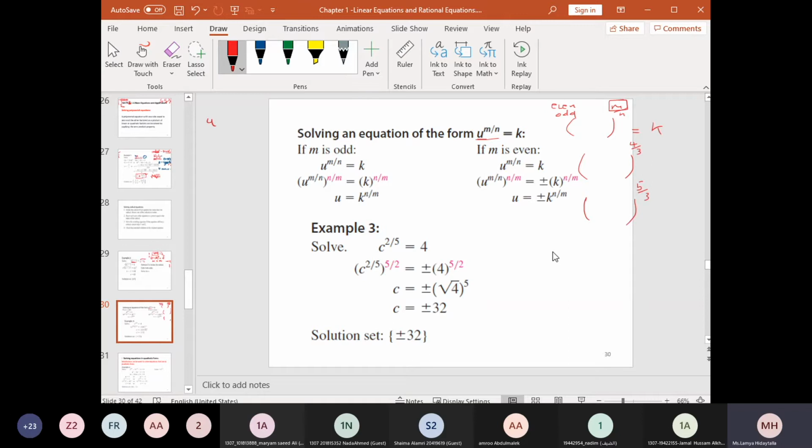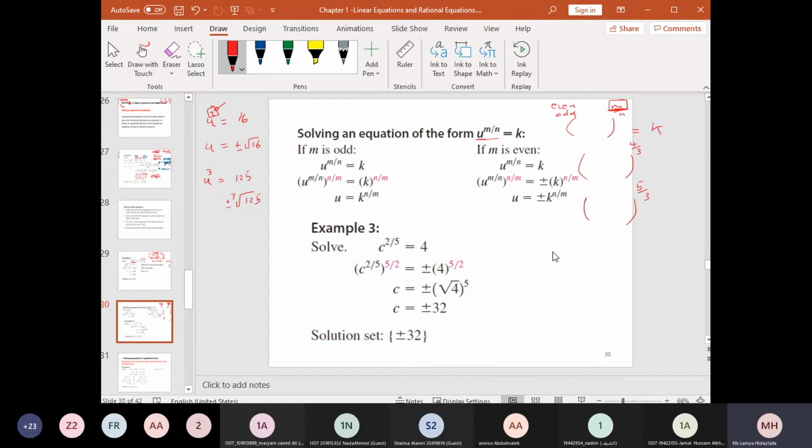For example, if I have u squared is equal to 16, here the power, just like the m here, is even. We say that u is equal to the square root of 16, but we put plus or minus when this is an even number. But if it was odd, say u cubed is equal to 125 or whatever, then I take the third root of 125.